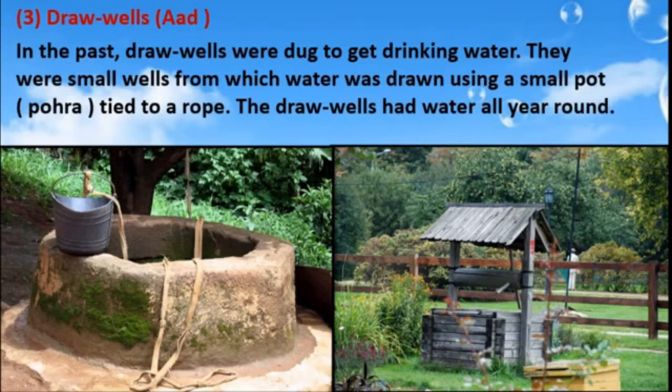They were small wells from which water was drawn using a small pot called pohara tied to a rope. The draw wells had water all year round. When the tap water system was introduced, the draw wells went out of use and many were sealed.